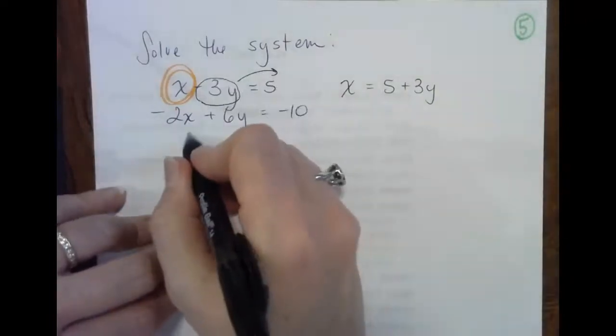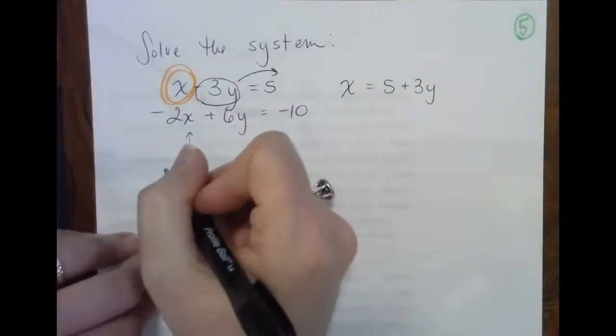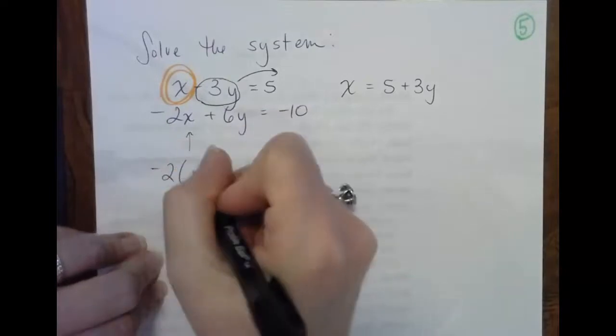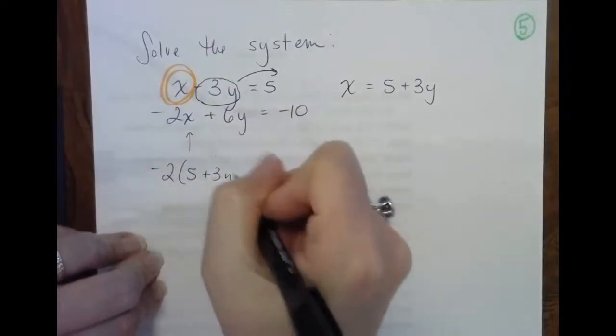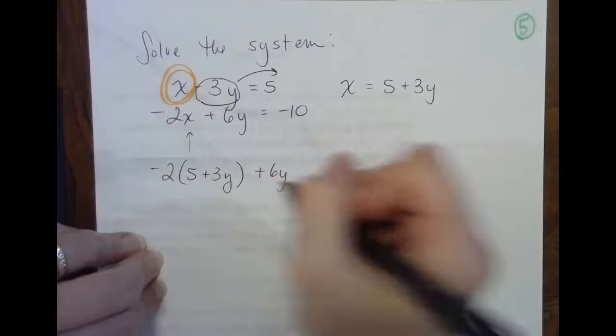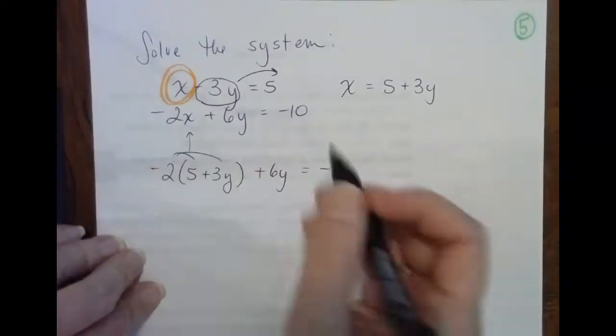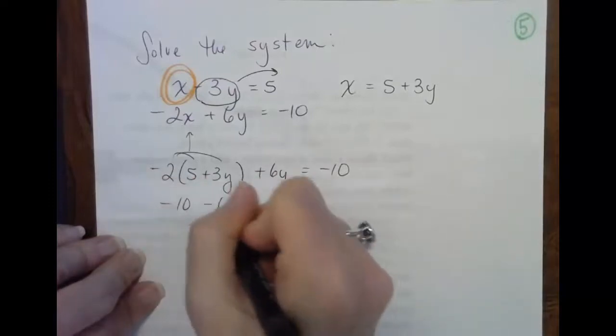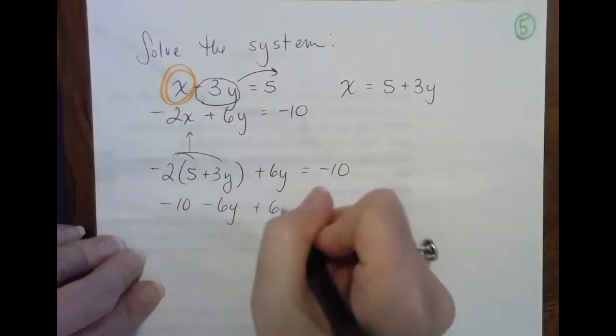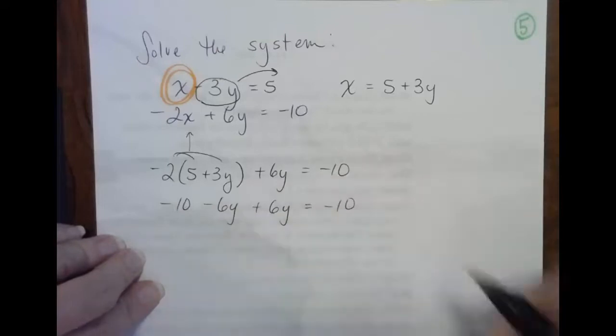So now that x value is going to go in right there. We will substitute it in. Negative 2 times 5 plus 3y plus 6y equals negative 10. Distribute. Negative 10 minus 6y plus 6y equals negative 10.